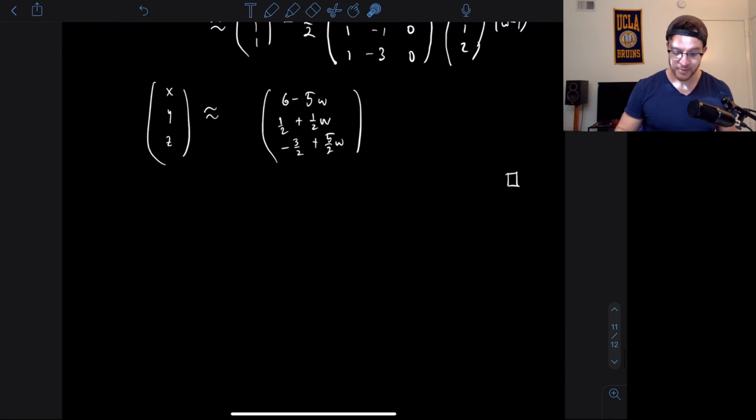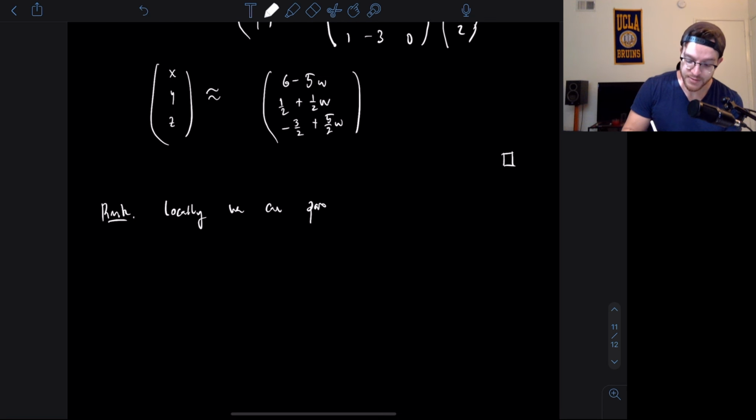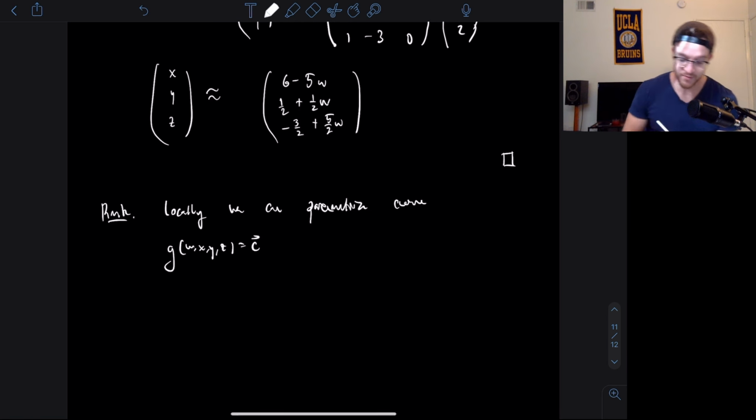So I'm actually going to write this down. Remark. What we've shown is that locally we can parameterize the curve cut out by g of w, x, y, z equals that constant vector, using w.